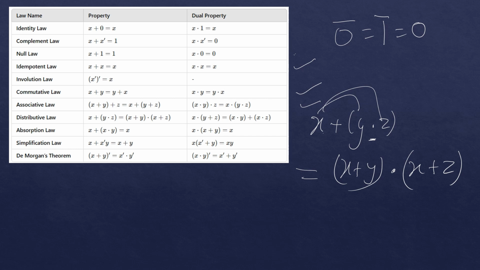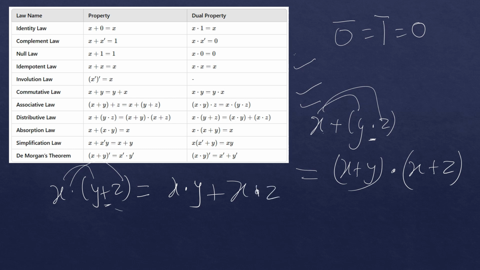You might feel that in mathematics there is no such rule for addition, but here it holds because these are Boolean values. You also have it on the multiplication side: x into y plus z equals first x into y, then the plus sign, then x into z. This is how you can show the distributive law.